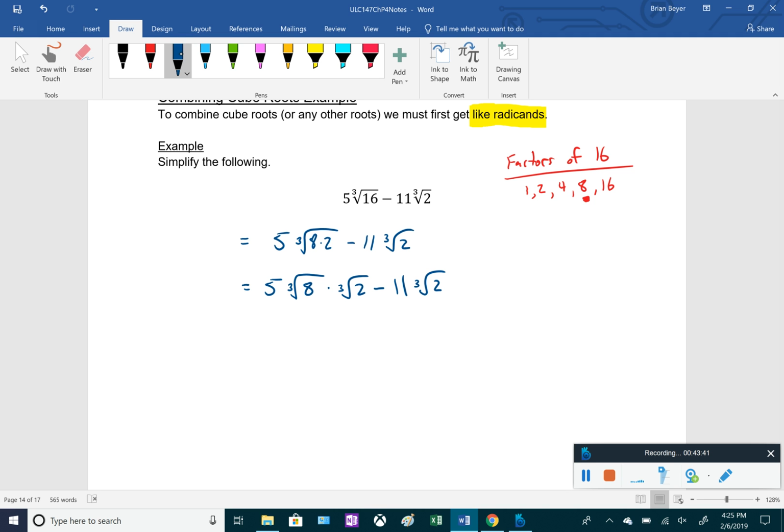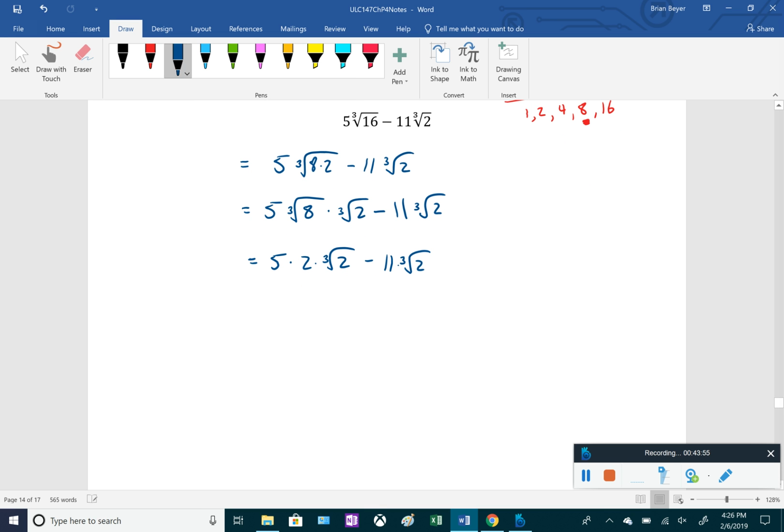So the cube root of 8 equals 2, so I'm going to make this 5 times 2 times the cube root of 2 minus 11 cube root of 2. 5 times 2 is 10, so 10 cube root 2 minus 11 cube root 2.